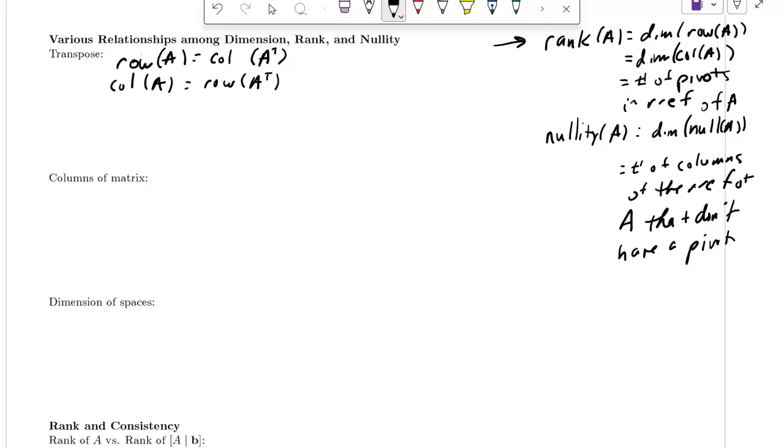So what can I say about the rank of A and the rank of A transpose? They're equal to each other. Good. So these two things tell us that the rank of a matrix is unchanged when we take the transpose. Okay.